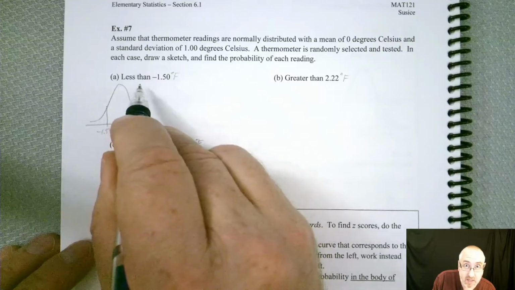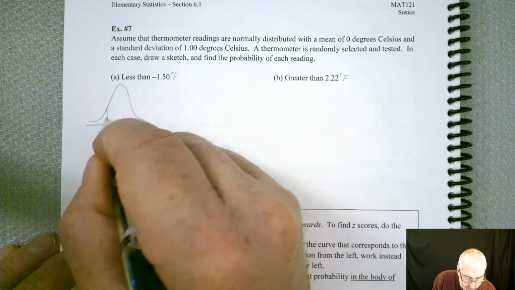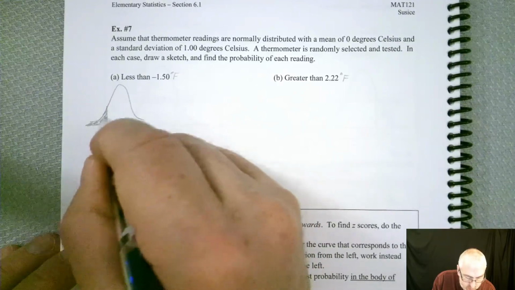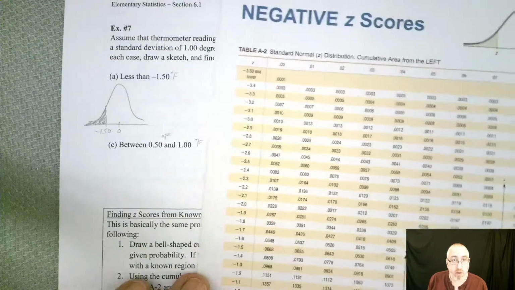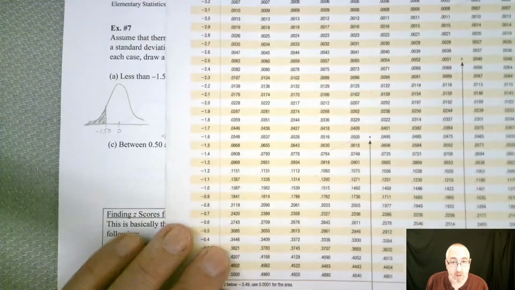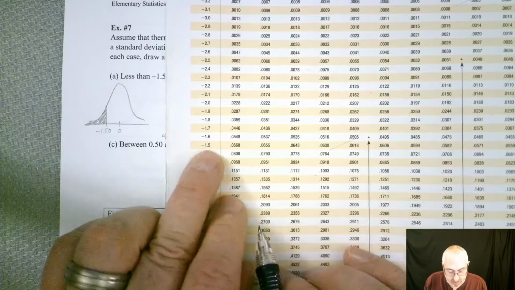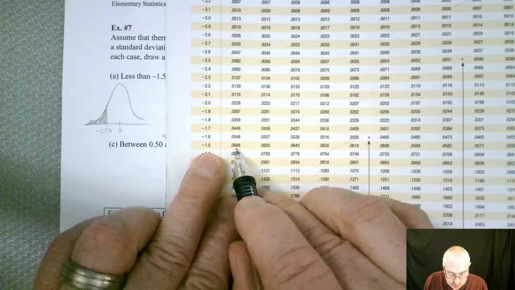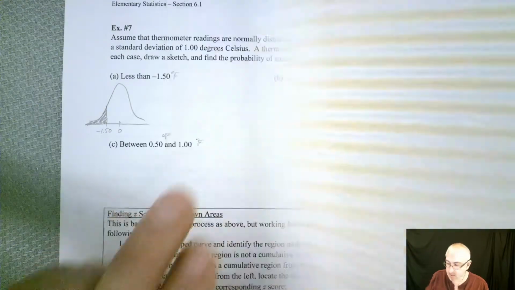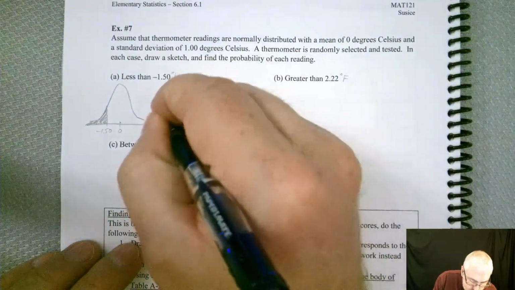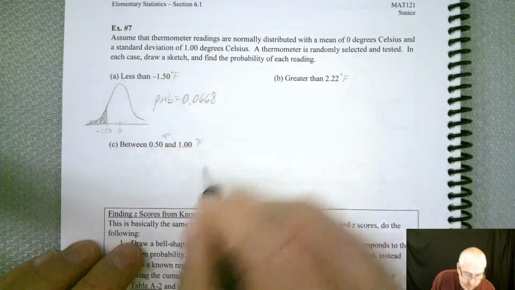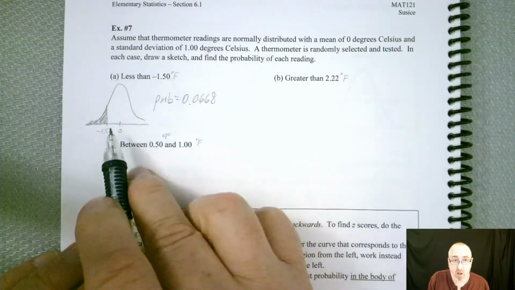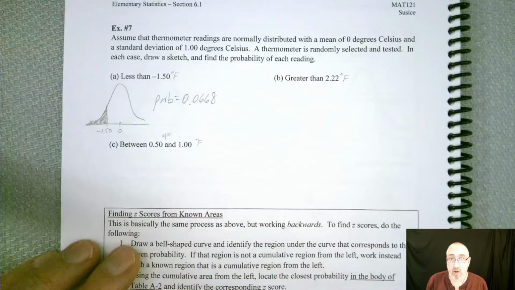And because it's less than, we know we shade to the left. So we're expecting a smaller probability. Let's take a look at our table. We want to use the negative side. So negative 1.50, 0.0668. And that's what we expected. We expected a small answer based on our diagram.